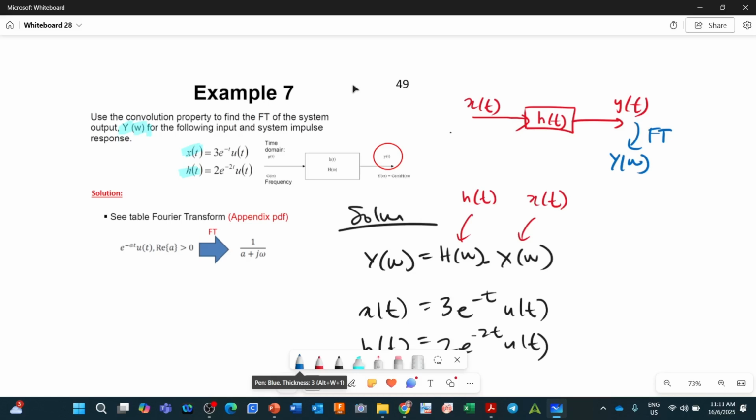So yt is equivalent to, if you learned the control subject, you know that yt is equivalent to ht convolution with xt. And if you remember, we do convolution in time domain. So in time domain, you cannot simply multiply the signals. But that's the beauty of the Fourier transform, we can actually convert it into frequency domain.